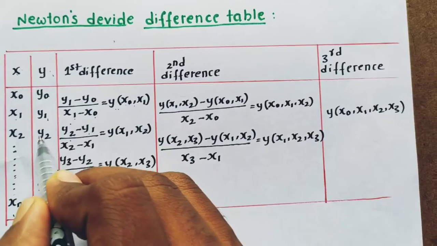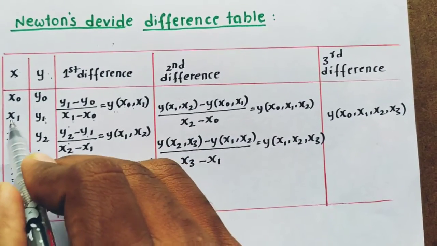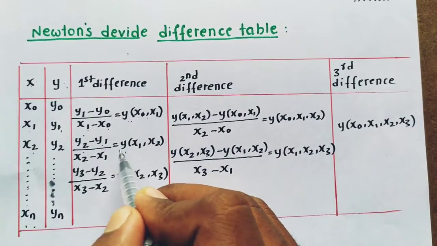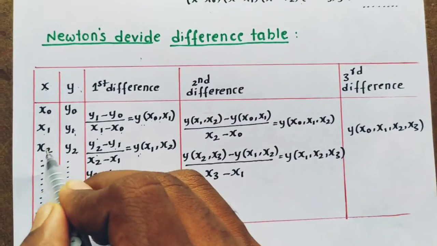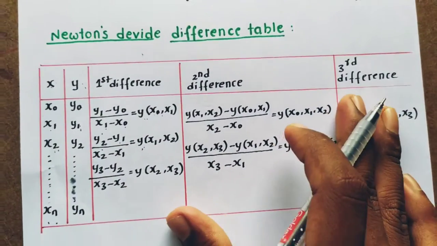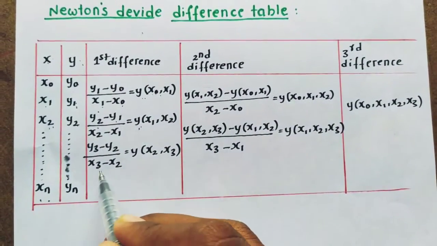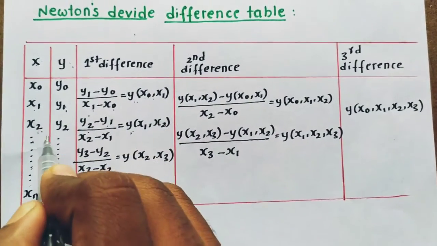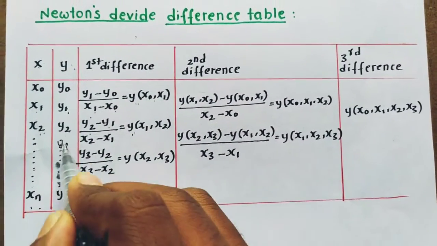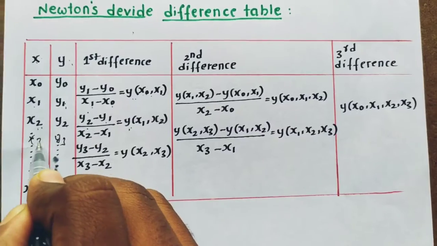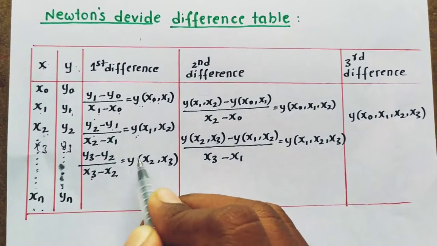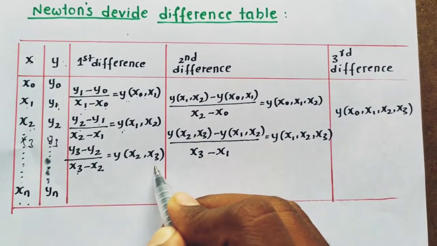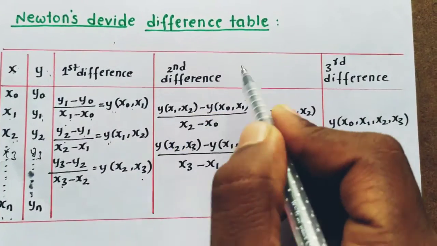Similarly, y2 minus y1 by x2 minus x1 gives y of x1 x2, and y3 minus y2 by x3 minus x2 gives y of x2 x3.